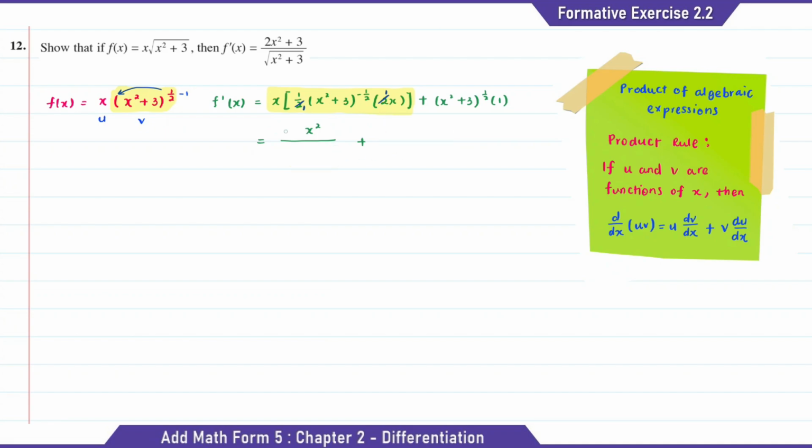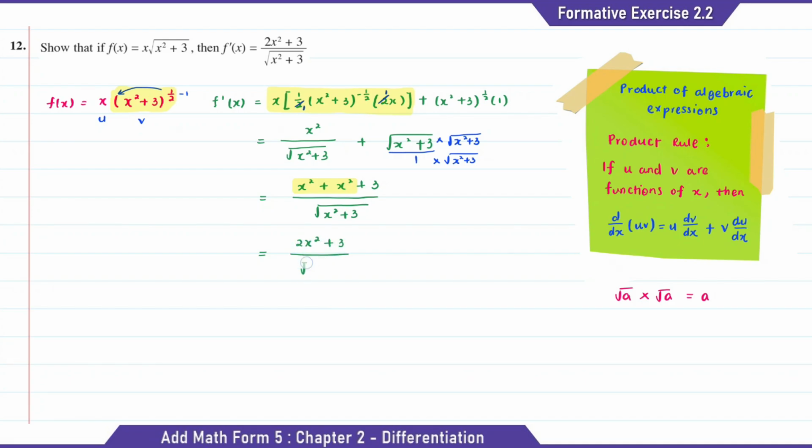For these two, I can also write this as square root of x squared plus 3. To solve this, we will need to equalize the denominator. Here we're going to get x squared plus x squared plus 3 over square root of x squared plus 3. Then this is equal to 2x squared plus 3 over square root of x squared plus 3.